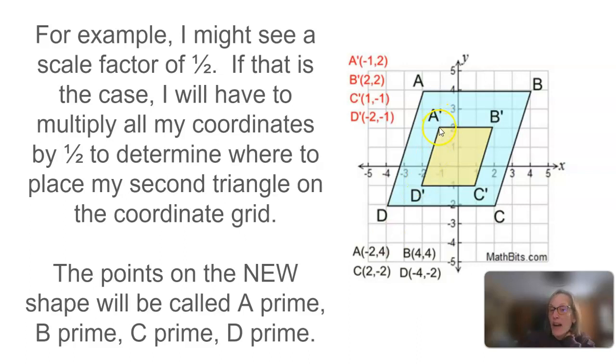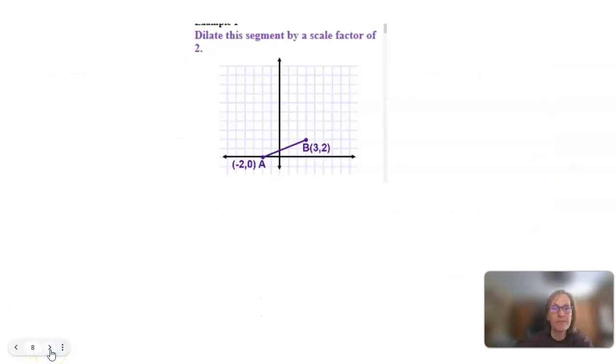So notice my yellowish greenish shape here, A with a little dash next to it, apostrophe, that's A prime, B prime, C prime, and D prime. So the original is blue and the scale factor new shape is yellow or green, whatever color that is to you. Let me show you how this works.